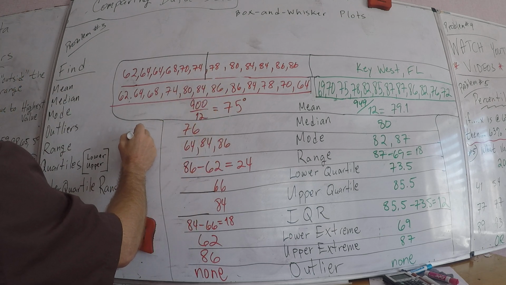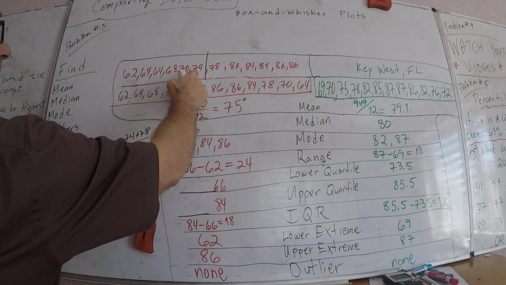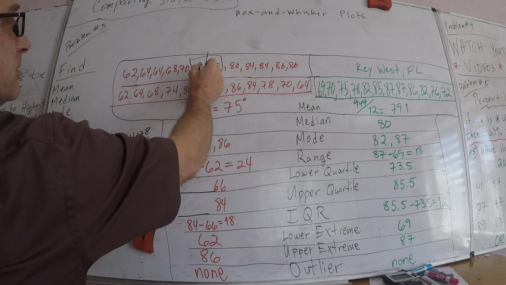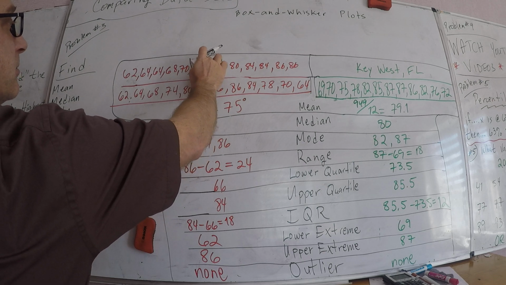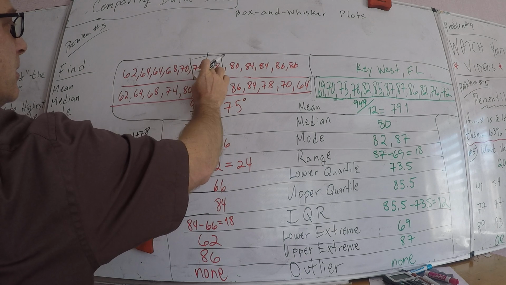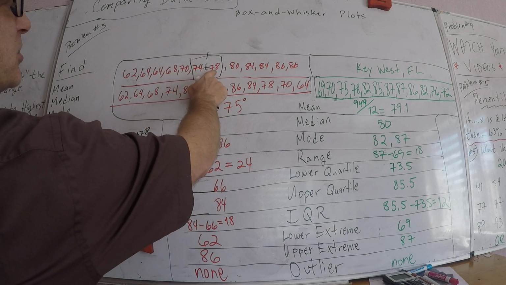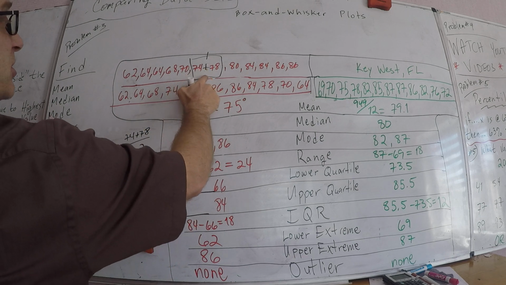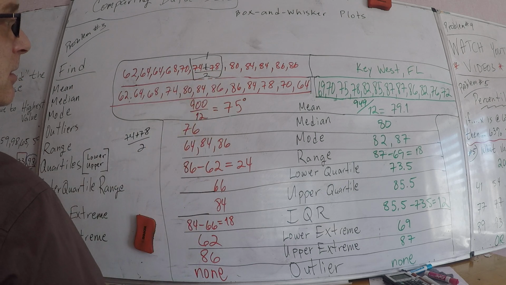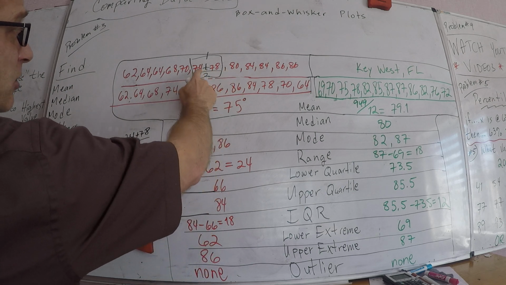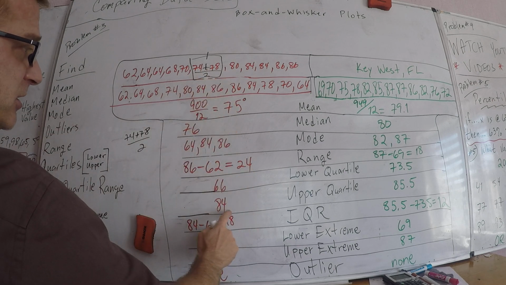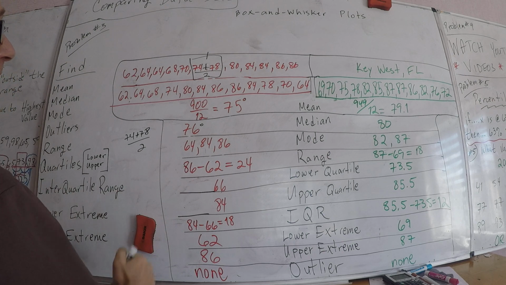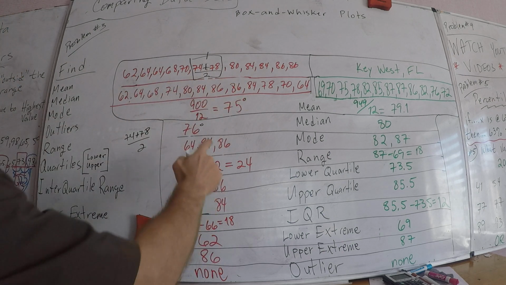So 74 plus 78, I have two numbers that I'm adding together, and I'm dividing by 2 because I have two values there. So 74 plus 78 divided by 2 is 76. And again, that's degrees. That's how I found the median, because it's an even number.